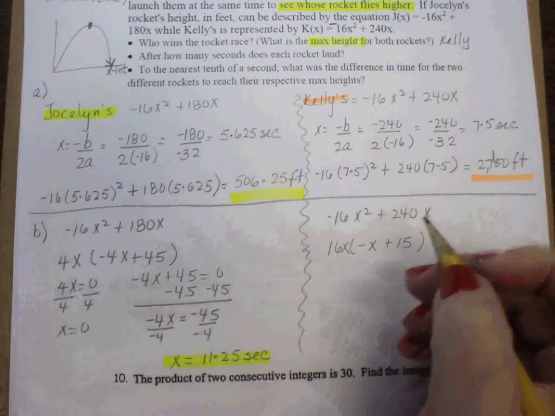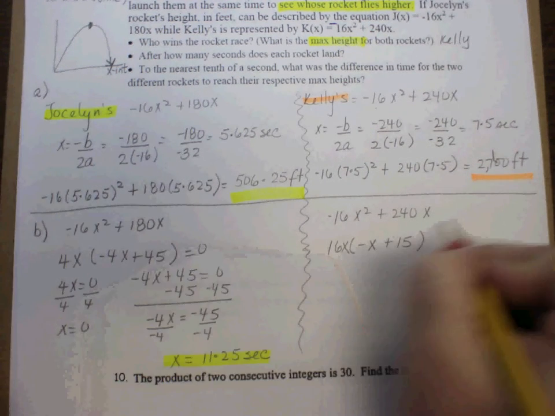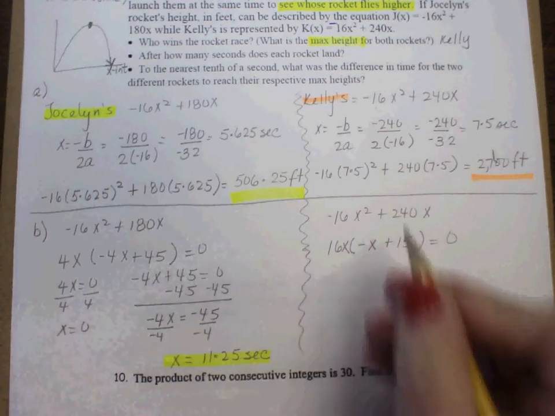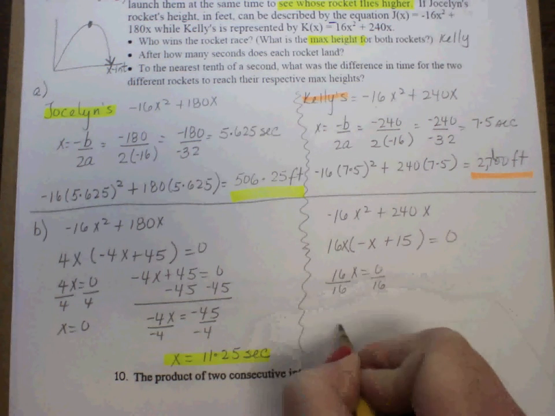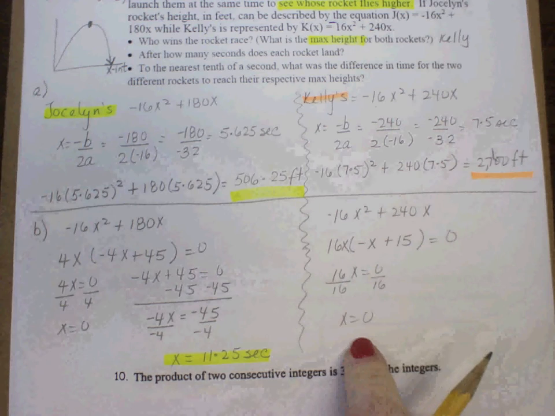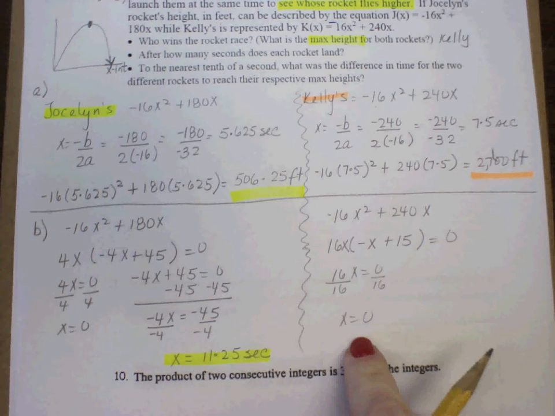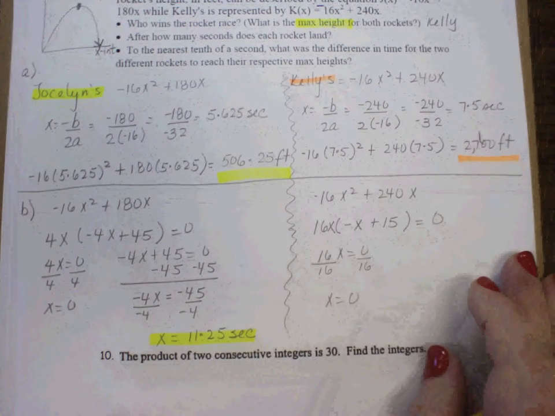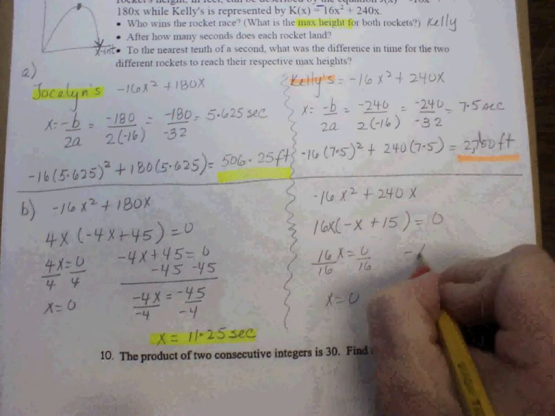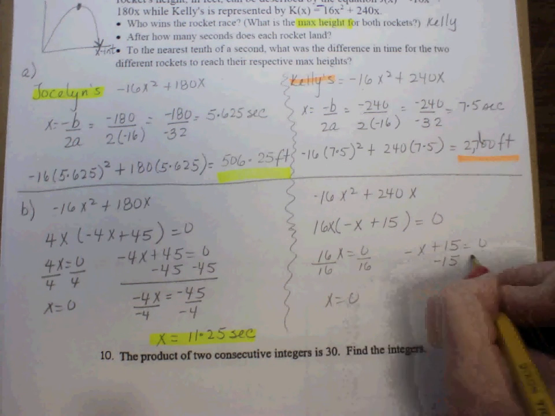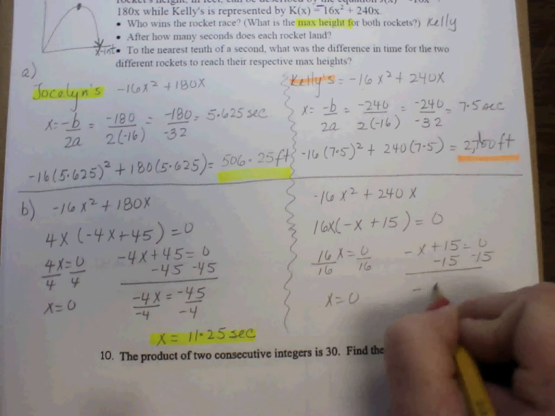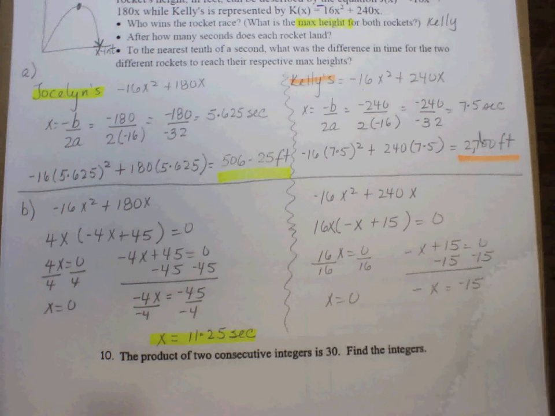So 16x equals 0. When you divide by 16, x equals 0. It's definitely not that number. It's not going to hit the ground in 0 seconds. And then the next one would be negative x plus 15. So I got to say minus 15. There's an invisible 1 here. So I got to divide by negative 1, and x equals 15 seconds.